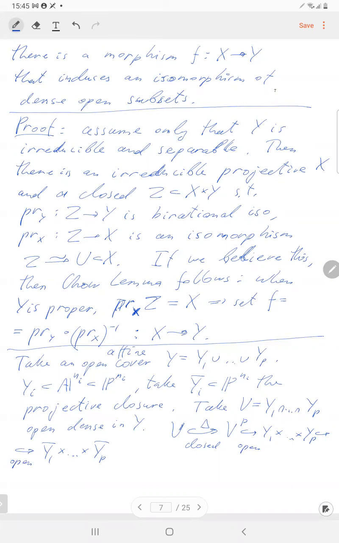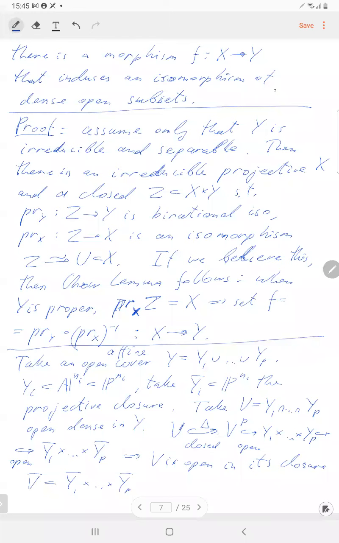Okay. So hence, this open subset V is open in its closure, let me say V bar, inside Y1 bar times so on Yp bar. Why do these embeddings have such properties, that the first is closed and the second is open?